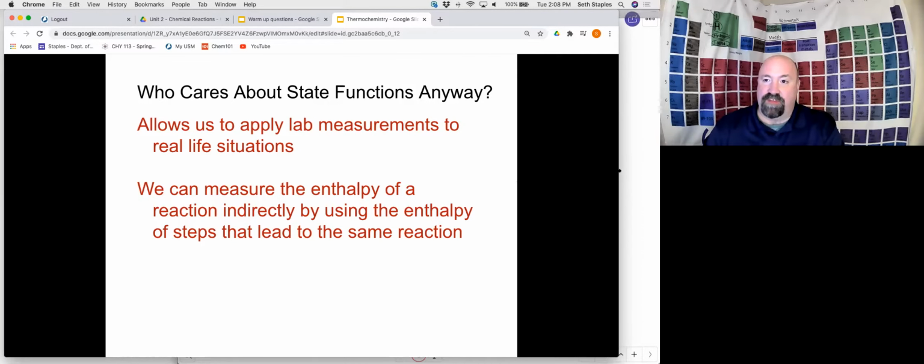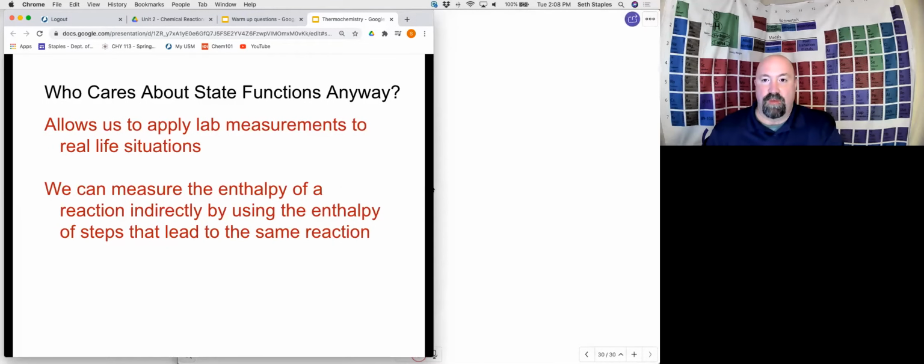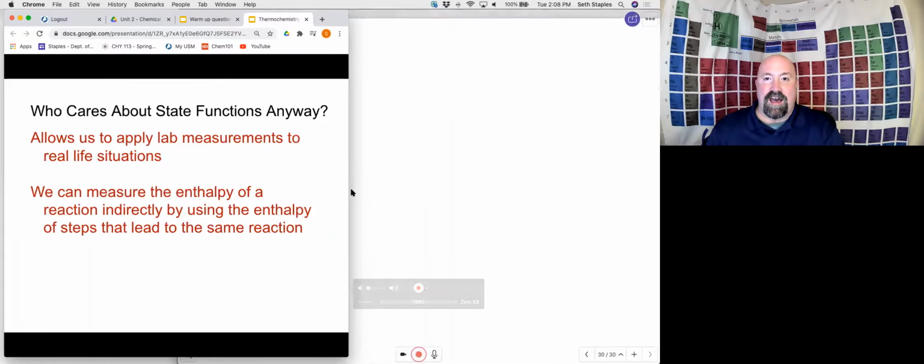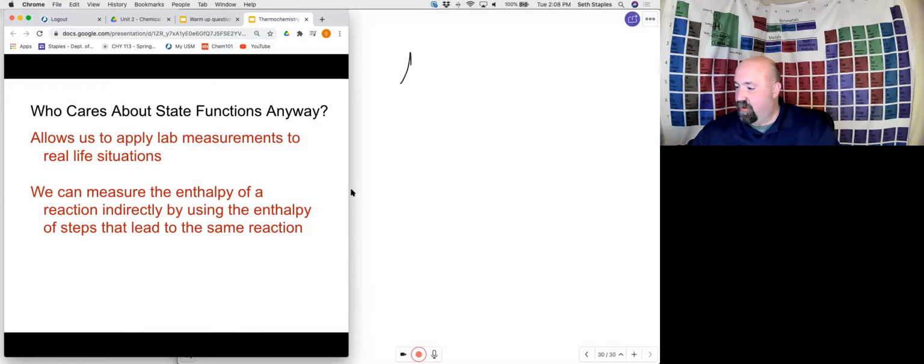So as a very, very basic example, let's say that I want information about the reaction A makes D. So it's very, very general. And I want the enthalpy involved in that particular reaction. But for whatever reason, I can't measure this reaction in the lab.